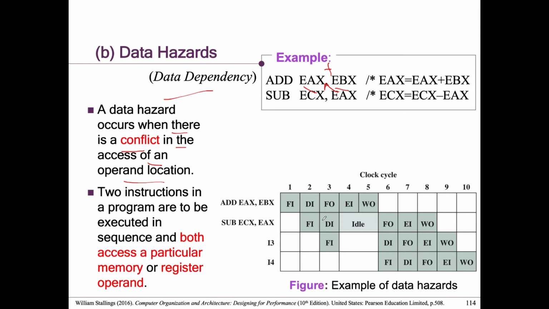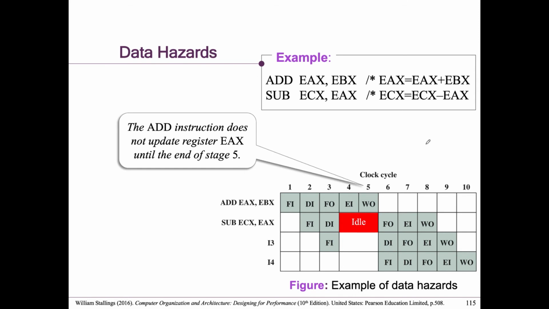While you are executing your instructions, you conflict when you try to reach the operand. That's why you will shift and it will continue as normal.